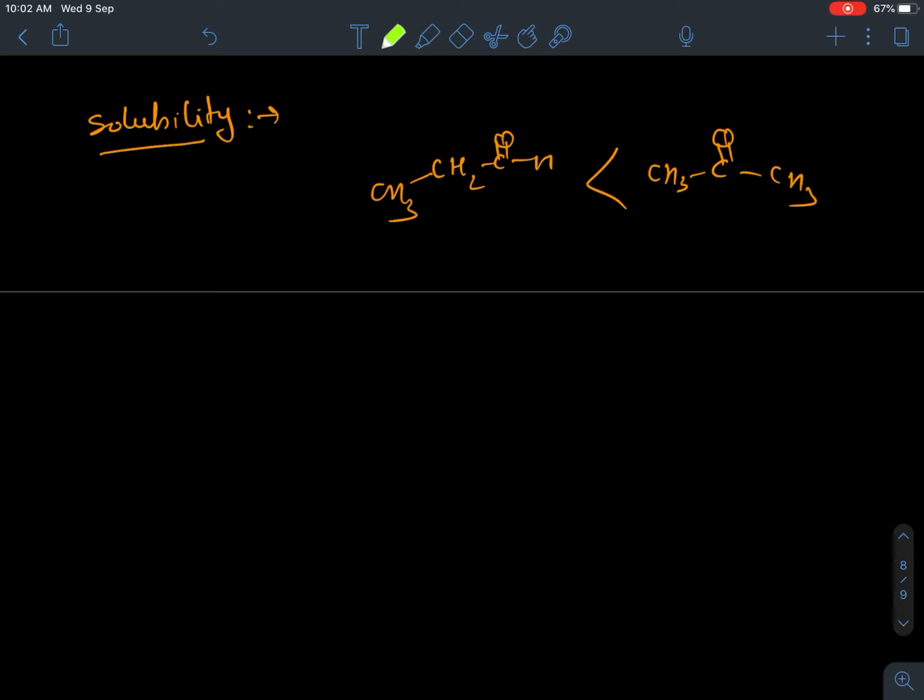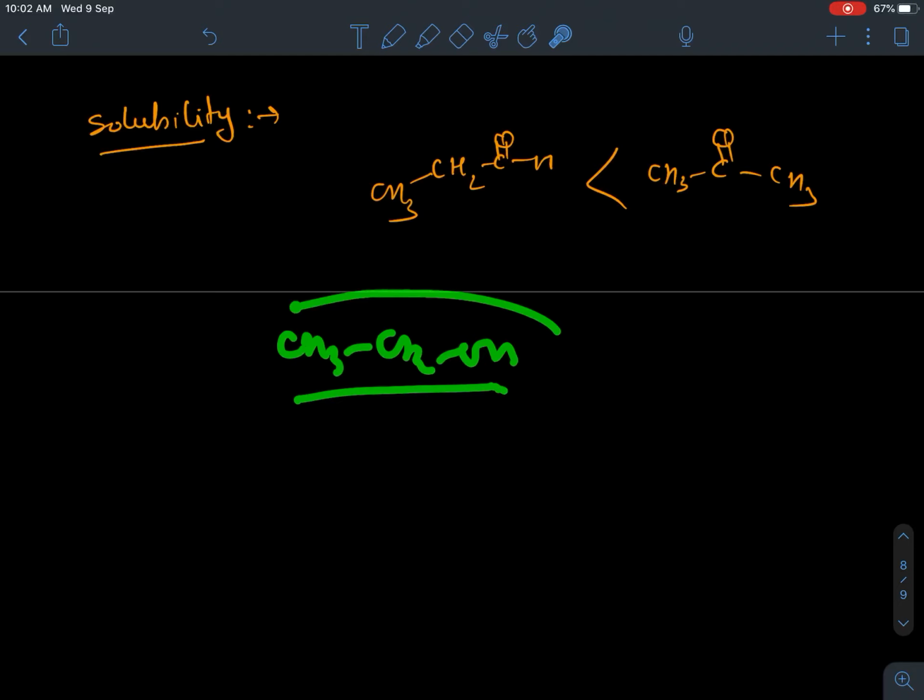Now the next question is the comparison of solubility between these two. Now if you compare the solubility of the aldehyde and ketone with other functional group like alcohol, CH3CH2OH, then in that case obviously this alcohol will be better as compared to this. In which medium am I talking about the solubility?